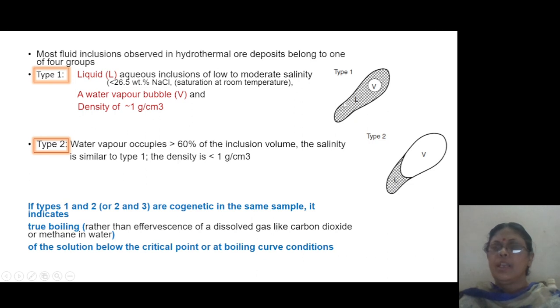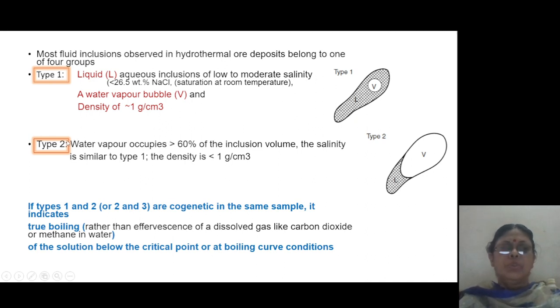This whole area represents the fluid inclusion. Out of this, a small volume is occupied by gas, a water vapor bubble. So this is the liquid. Most of the fixed volume of the fluid inclusion is occupied by liquid, and a small part is occupied by water vapor. And the density of the liquid is about 1 gram per cubic centimeter.